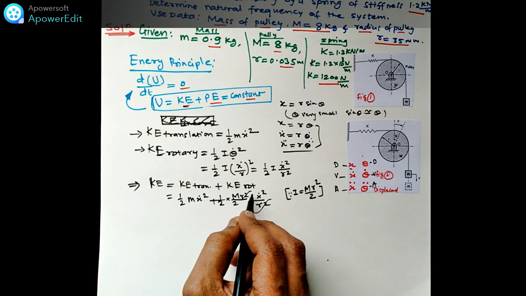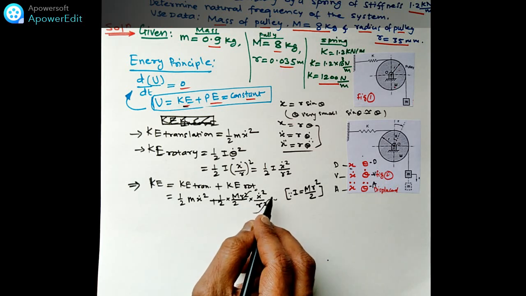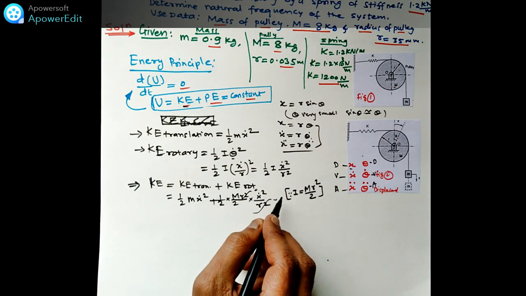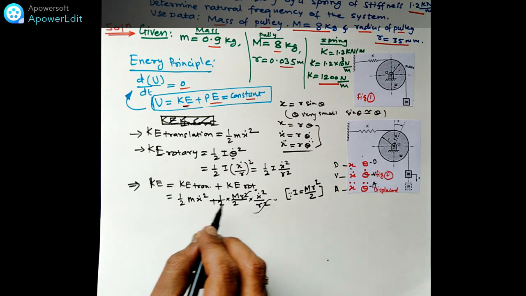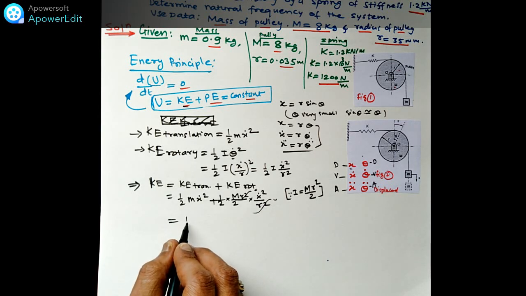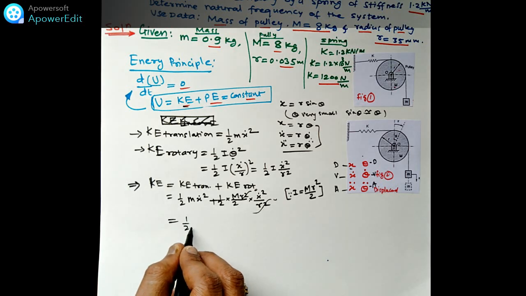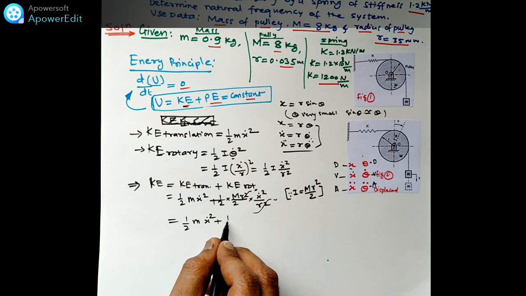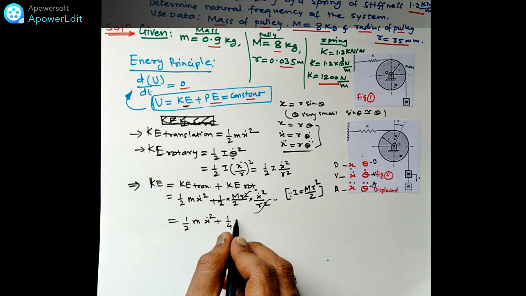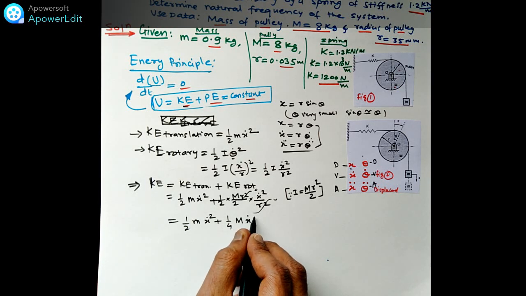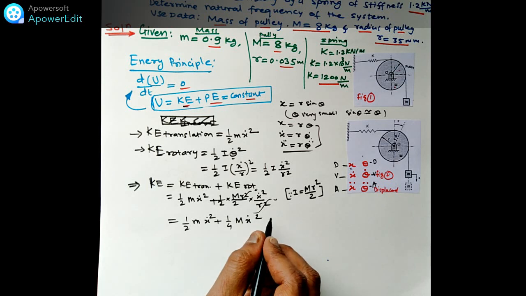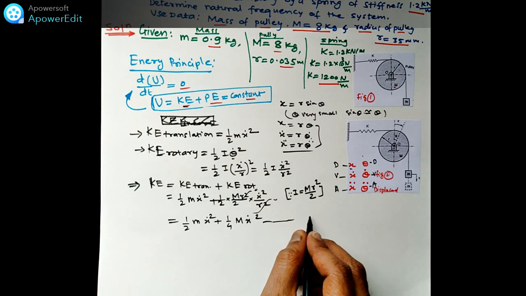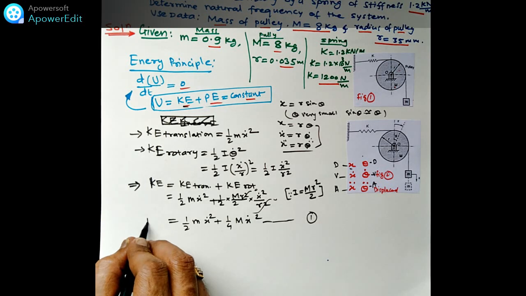This r square will get cancelled, and the remaining is half m x dot square plus 1 by 4 capital M x dot square. This is equation number 1 for the KE.